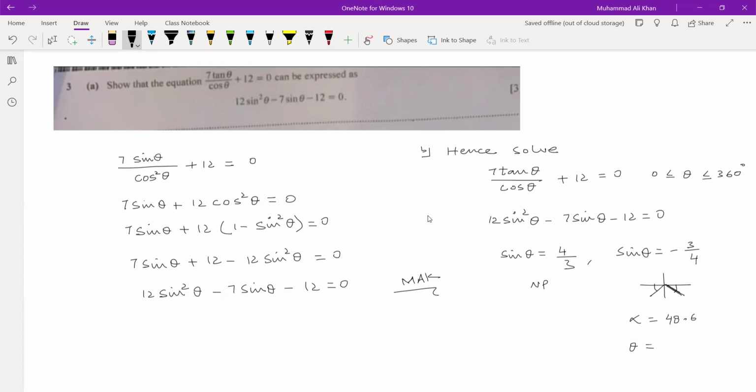So the general angles are: the first is 180 plus 48.6, which is 228.6.